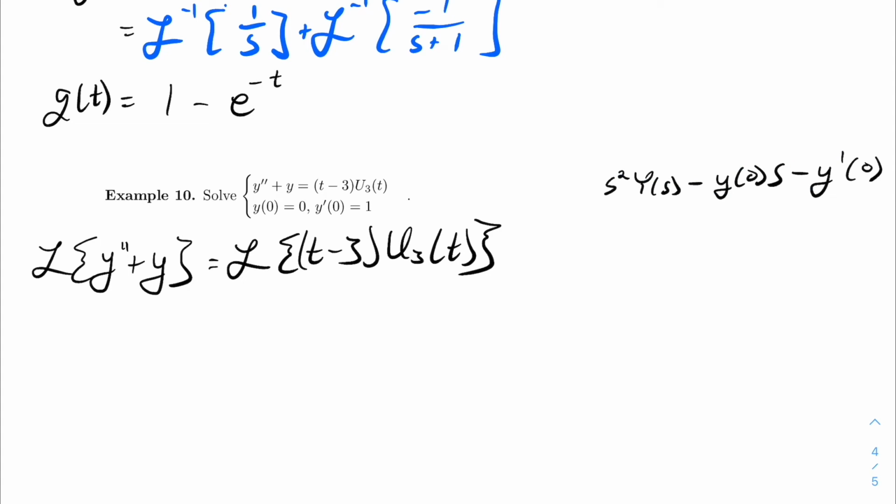So I get this on the left-hand side, plus the Laplace transform of just y, which is, by definition, just capital Y of s. And then the right-hand side, what's the Laplace transform of t minus 3 times u sub 3?